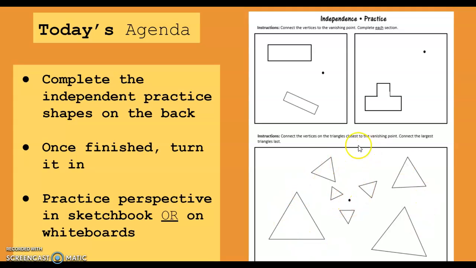As for this one down here, this is what your project will resemble more. These are just, again, independent practices. Make sure you're connecting them correctly. Now, read the instructions. It says connect the vertices on the triangles closest to the vanishing point. Connect the largest triangles last. How I refer to it in class is these little Doritos. So you're going to connect these vertices, the ones that will reach, on these tiny little Doritos first.